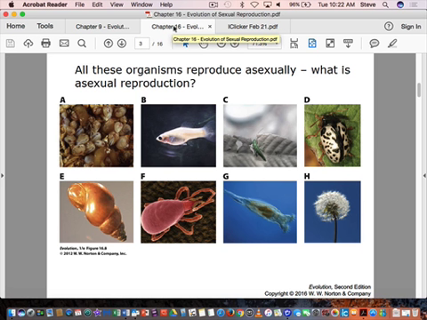These are some of the most classic examples of asexual reproduction. These are the bdelloid rotifers. And it turns out this is a class of organisms that has been asexual and clonally reproducing for 30 million years. So they've somehow escaped the problems of asexual reproduction, and it turns out it's kind of interesting. Here are dandelions, right? They actually can clone themselves, and the seeds that they produce are often from cloning.